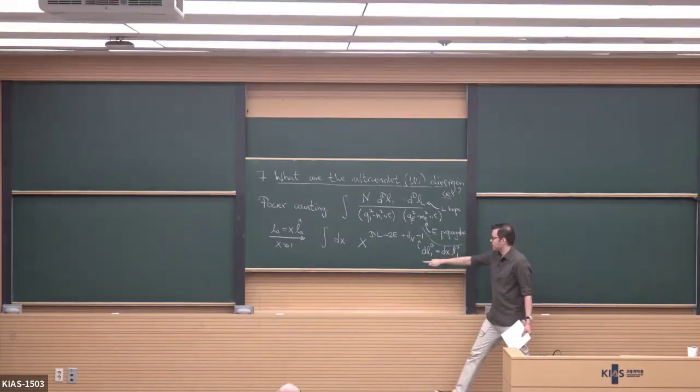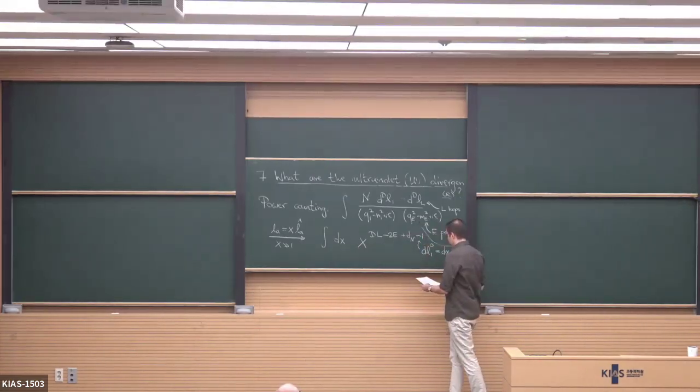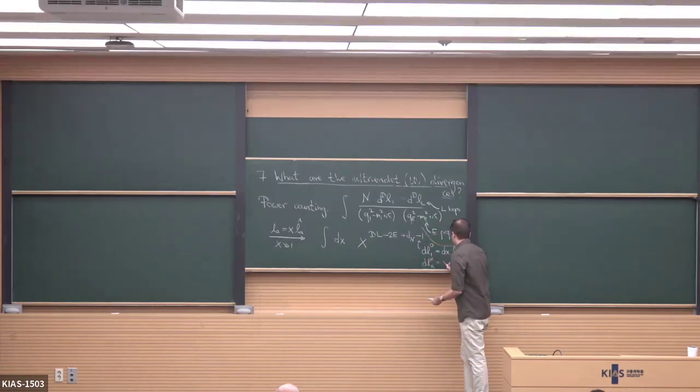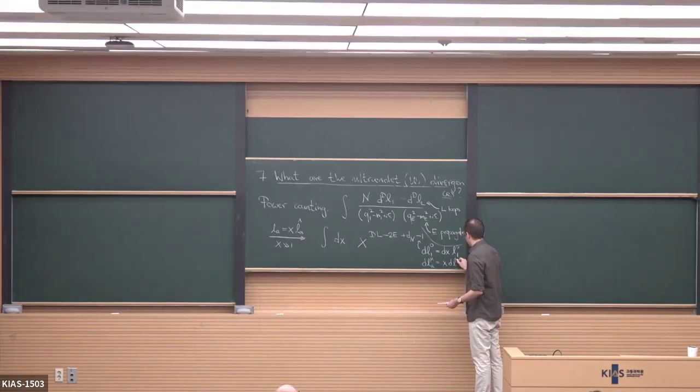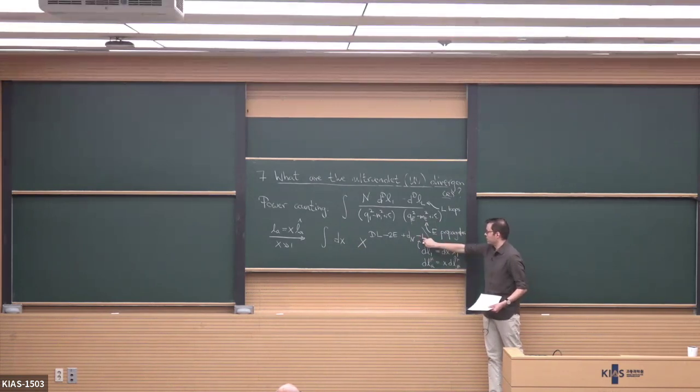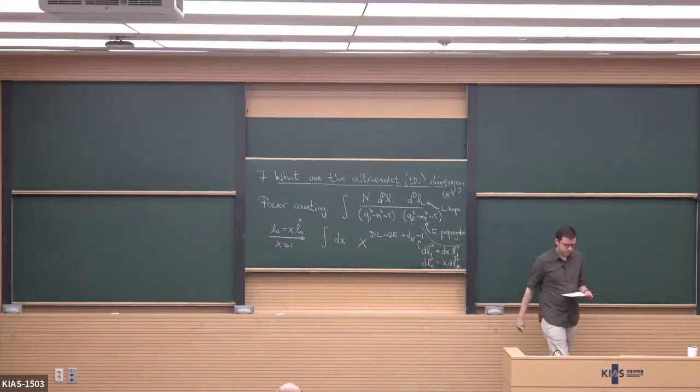So this dx is soaked up in here. And then for the other ones, dl^mu_A, you can write this measure with the hat. So this is the reason for the offset of one in here.